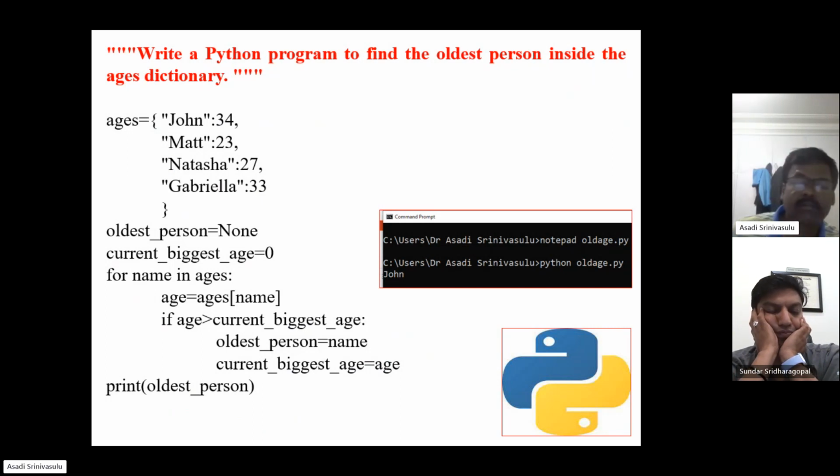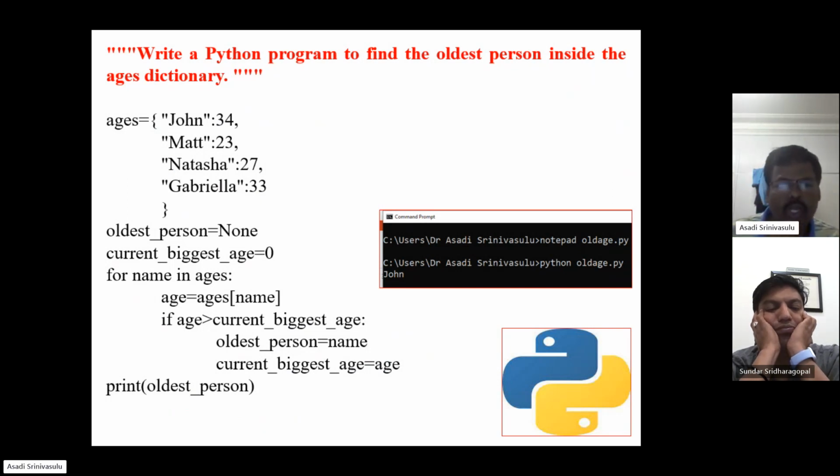None is a keyword, and the capital letter must be there. And current underscore biggest underscore age equal to 0. For name in ages, I'm declaring the for loop statement. It checks age equal to ages of name. If age is greater than current underscore biggest underscore age, oldest underscore person equals name, and current underscore biggest underscore age equals age. Print oldest underscore person.